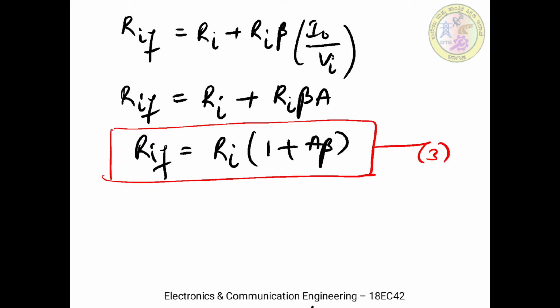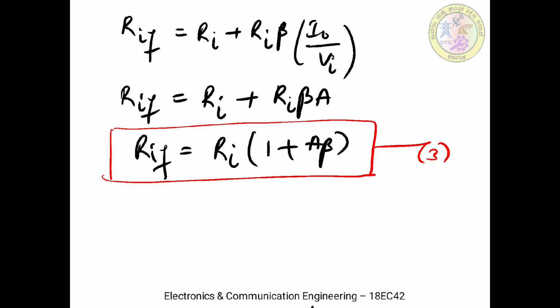And as Ri into 1 plus A beta represents the increased value of resistance, it can be concluded that this voltage mixing will always increase the input resistance. So this is the conclusion drawn from equation 3. Now let us write ROF, output resistance, also.